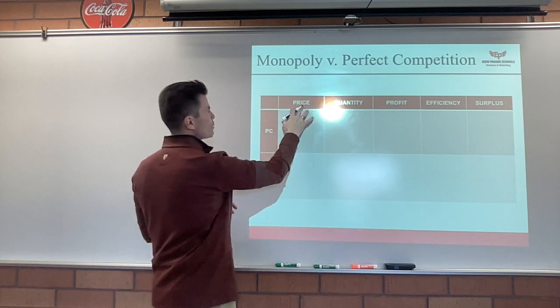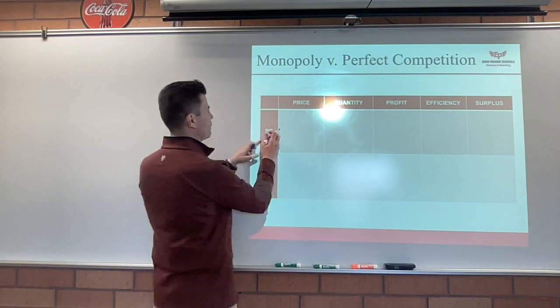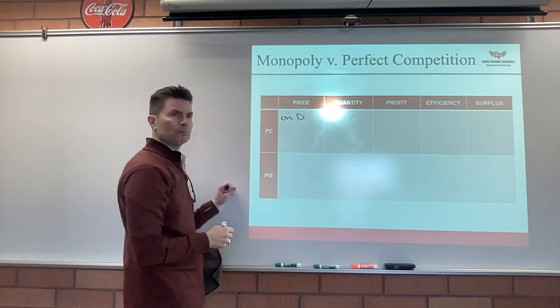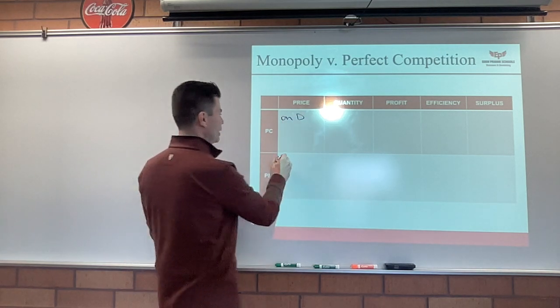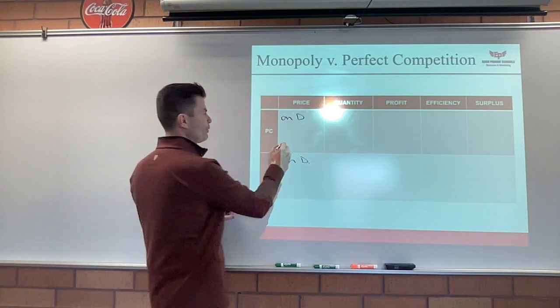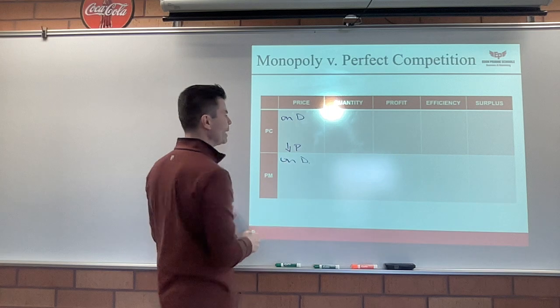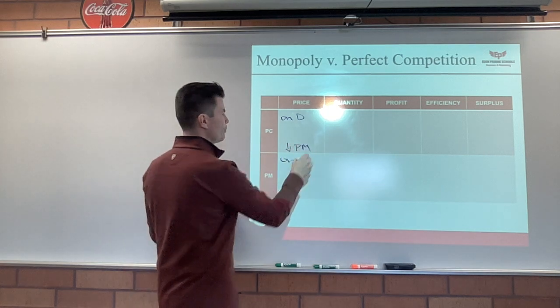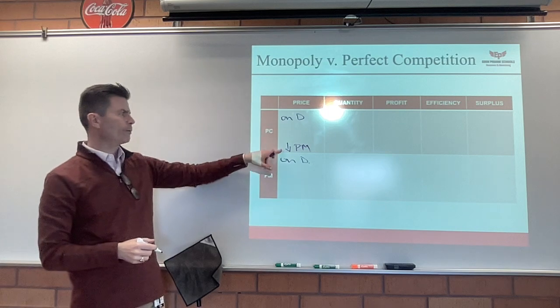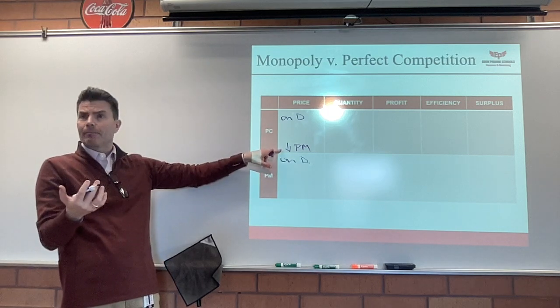So where is price determined for a perfectly competitive firm? Well, it's on the demand curve. And down here it's on the demand curve. And perfect competition is going to have a much lower price than pure monopoly. But if they're both on the demand curve, why isn't their price level the same?